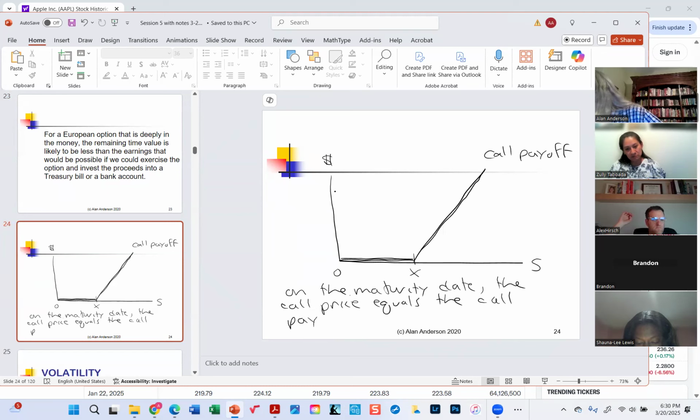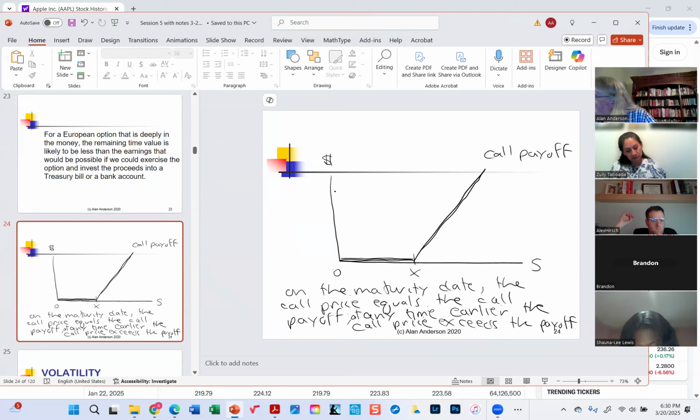Any other time, any time earlier, let's say, call price exceeds the payoff, even if it's just by a penny. At any time prior to the maturity date, the market price has to be higher.